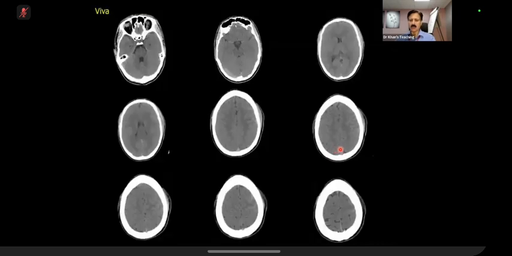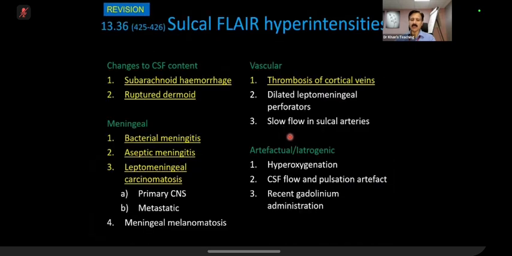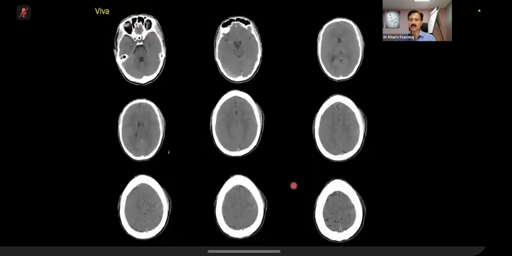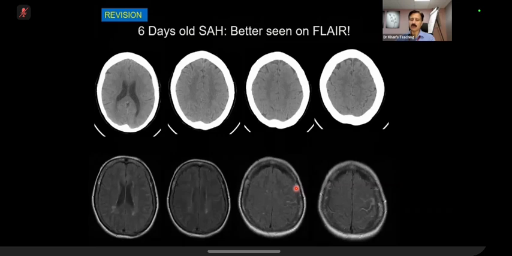Similarly, on the CT, there is some bright, slightly high density, but you cannot make out that this is hemorrhage. Bottom line is that when you see this finding, it can have a differential diagnosis. The differential diagnosis can be a leptomeningeal process, as in infection, carcinomatosis, and it can also be subarachnoid hemorrhage.